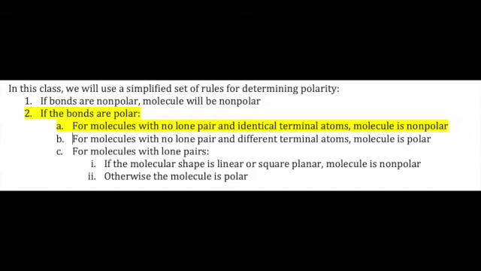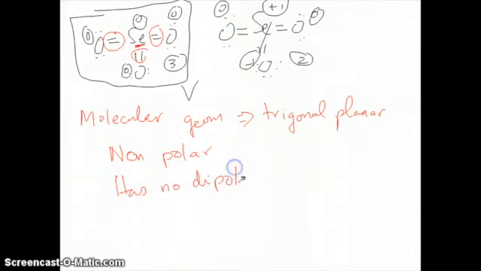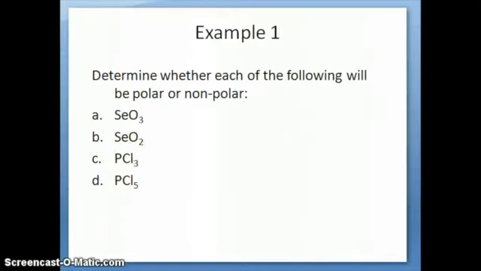Because there is no lone pair and all the terminal atoms are identical, this fits the rule that's highlighted there. So without going any further, I would say this SeO3 molecule is nonpolar, or another way to say it is it has no dipole moment. There's 0 dipole moment.